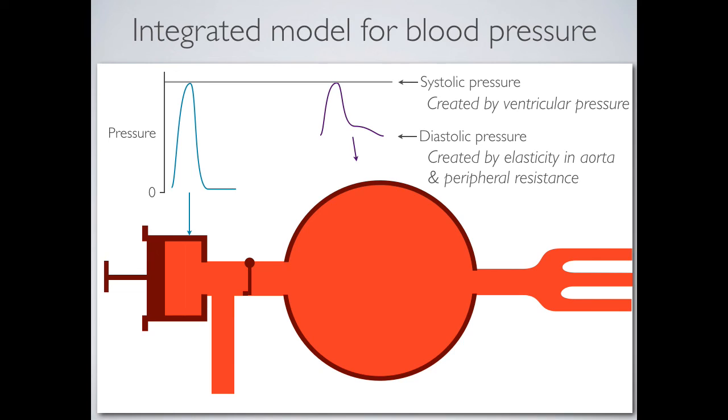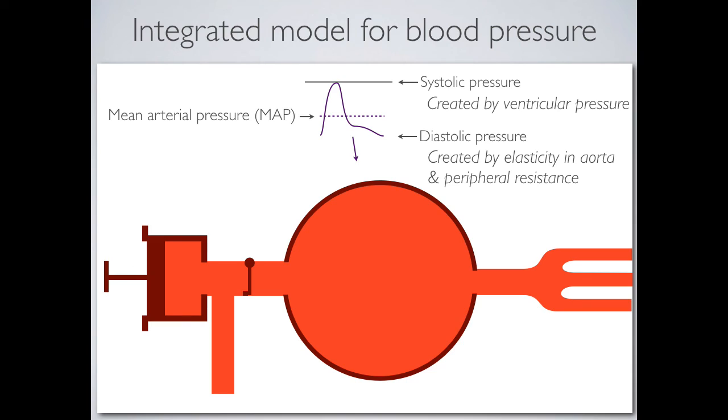Now, the aorta functioning like a water balloon means that blood spills out from the aorta and the other major vessels, and the rate at which it spills out and leaves this part of the circulatory system depends on peripheral resistance.